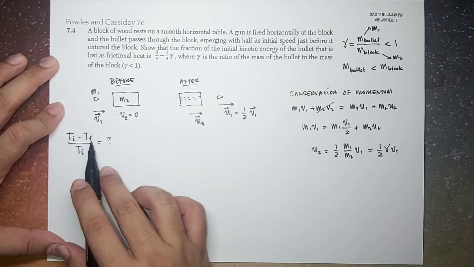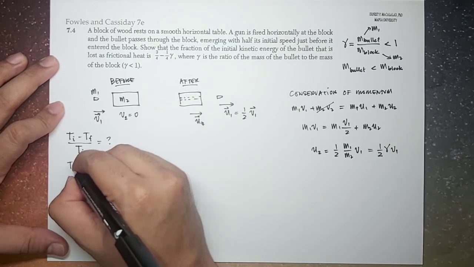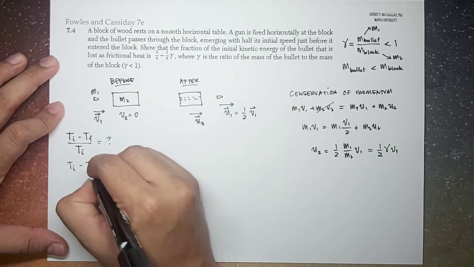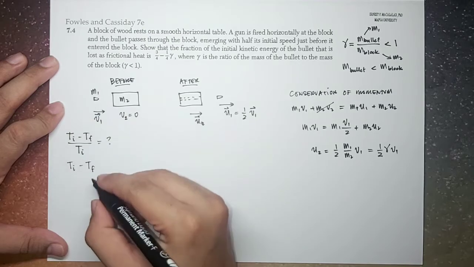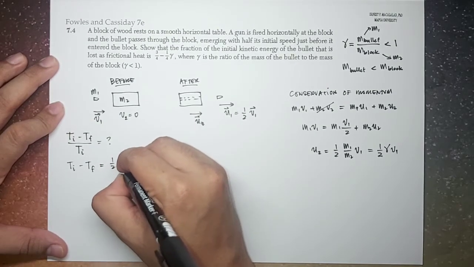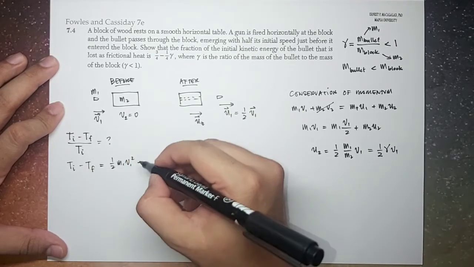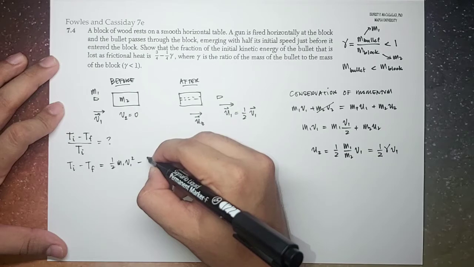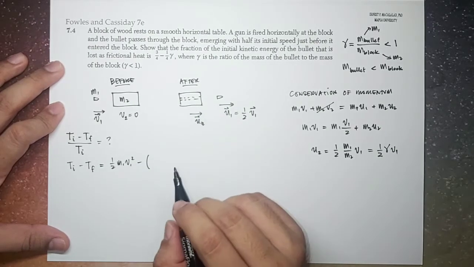Okay, so now let's compute the kinetic energy loss. Ti minus Tf is the kinetic energy loss, which gives the fraction lost as heat. So this will be 1/2 m1 v1 squared minus the total kinetic energy after collision.